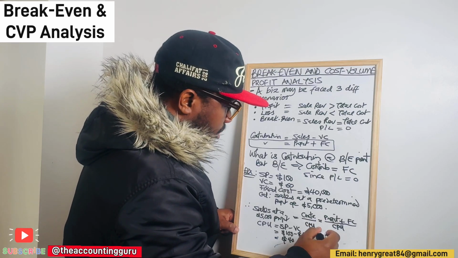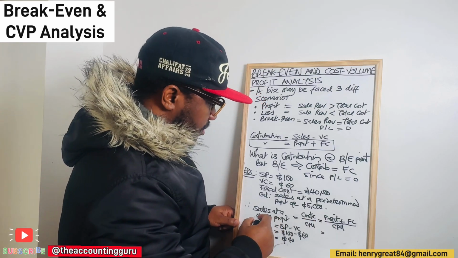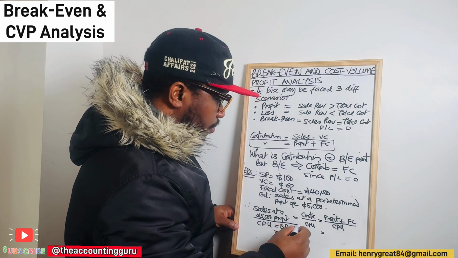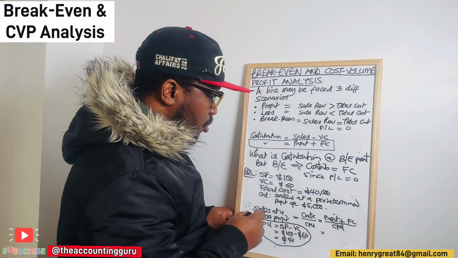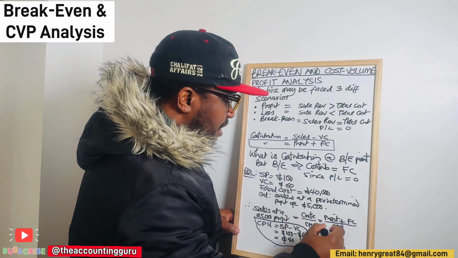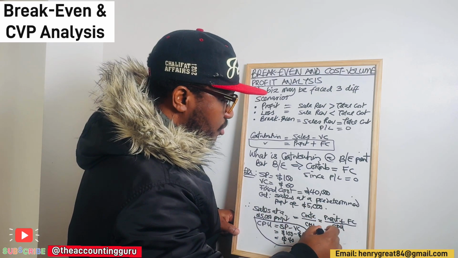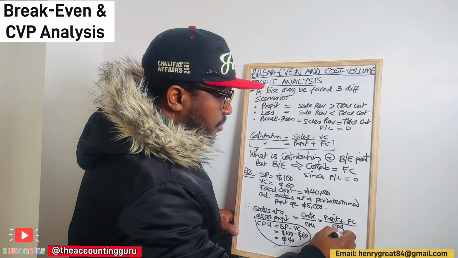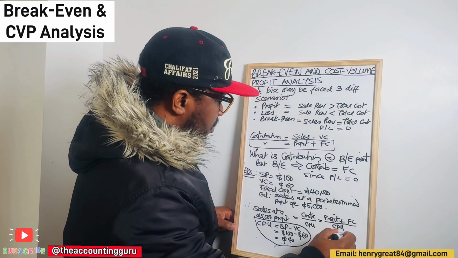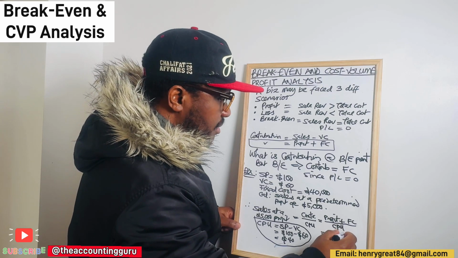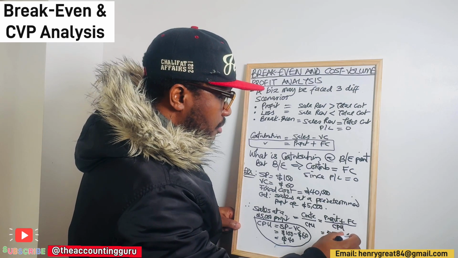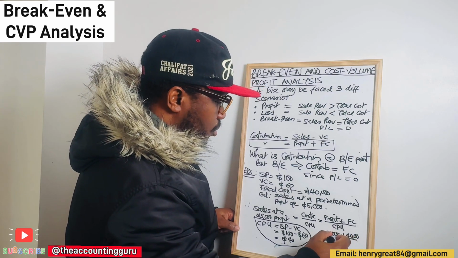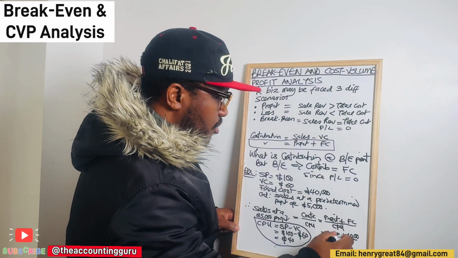Therefore, in calculating the sales at a 5,000 predetermined profit, we will be having that predetermined profit of 5,000 plus fixed cost as given, which is $40,000, all over the calculated CPU, which is $40.